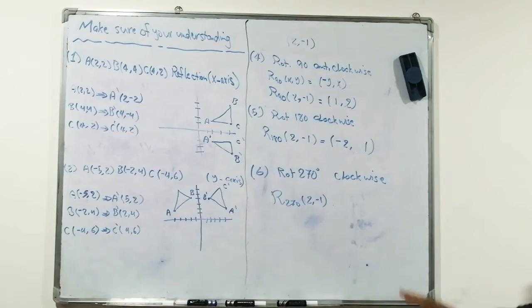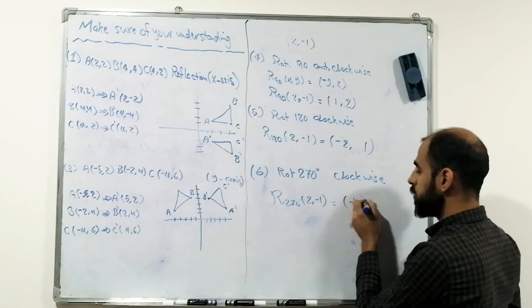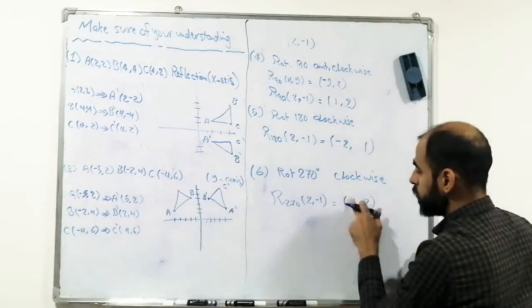We change x instead of y and y instead of x. Then it will become (-1, 2). But here we have clockwise or anti-clockwise. Clockwise, we have to change the sign of the first part. That means -1 will become 1.